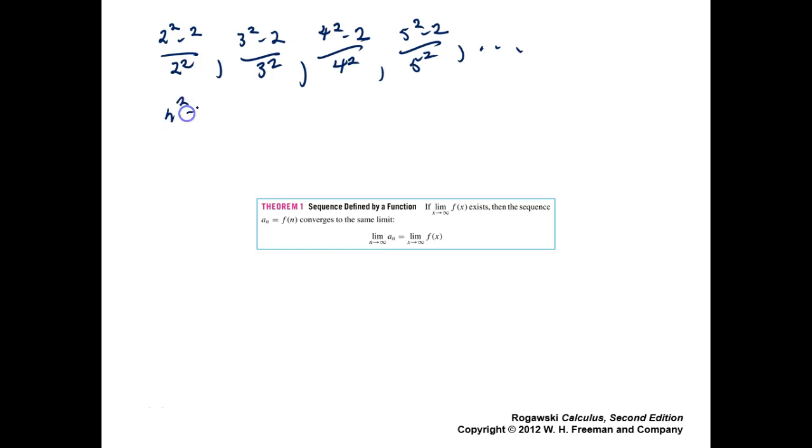N squared minus 2 over n squared. And this is good for n greater than or equal to 2, or greater than 1, however you want to say that. Not good for n equals 0, don't even try it. N equal 1, don't mess with that one either. They started with n equal 2.